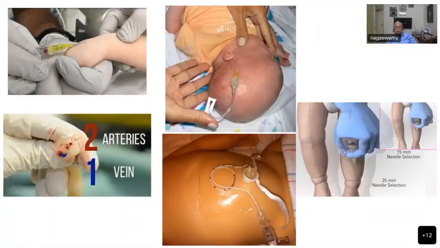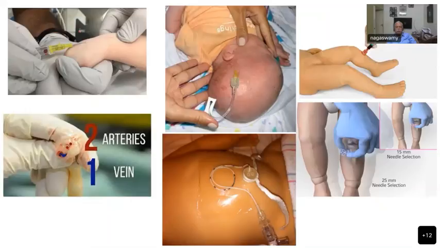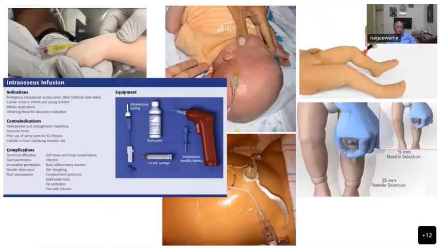And this is the intraosseous method of infusion. You have special needles for that, a 15 mm needle or 25 mm needle. So these are all the equipment needed for intraosseous. Instead of trying to force with your fingers, you have a sort of gun which you just press, pressing this button.